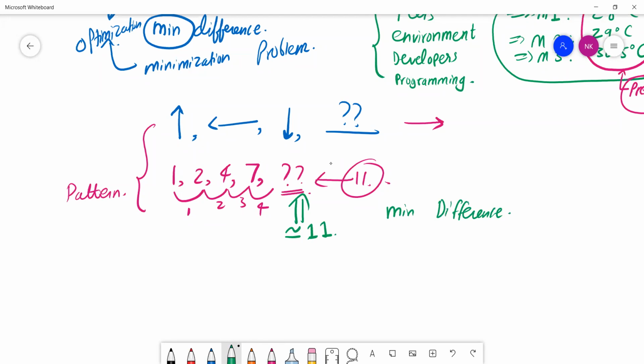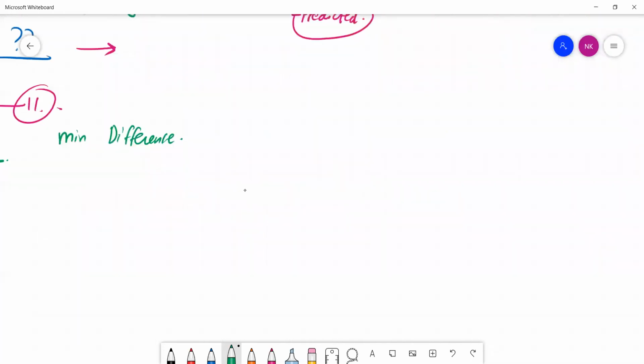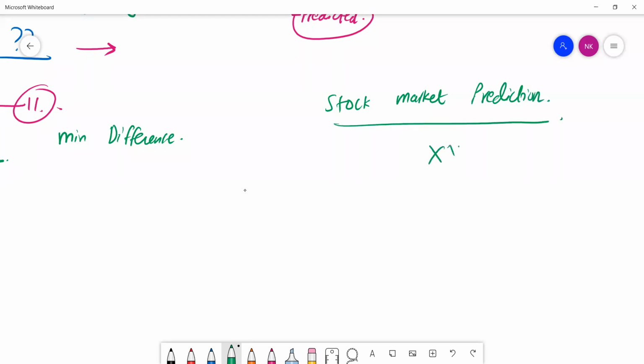Minimum difference. Same thing if I have developed a model for something, let's say stock market prediction. I will be taking one of the stocks, let's say XYZ.